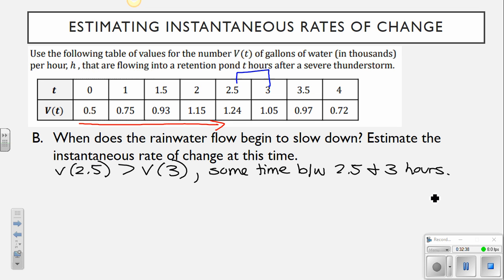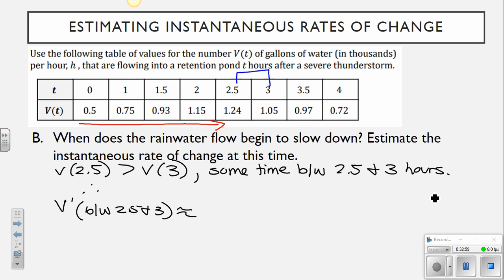Sorry, you have to keep me in units. They're all different. All right, so how do we estimate the instantaneous rate of change at this time? So we need V prime of, I'm going to say V prime of between 2.5 and 3, because we don't know that time, right? But we're approximating what it is.